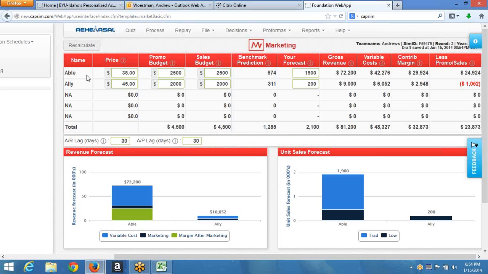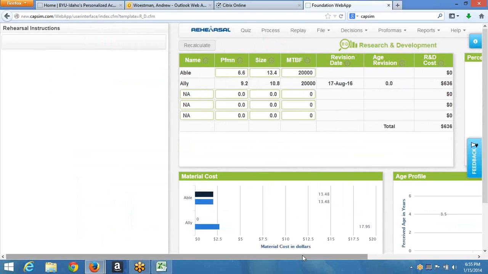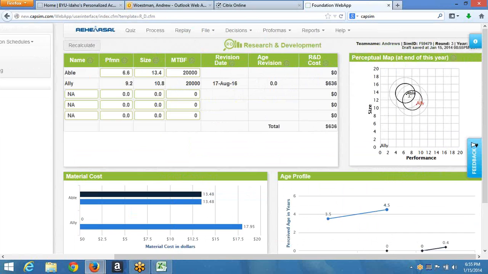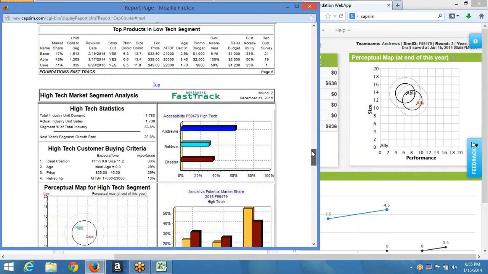So now I need to look at Able and say, hey, she's probably not going to be able to sell at $38 anymore. So I go back to my R&D. I look at my position and say she's dead center at the low-tech market almost. So I come back to my fast track. I go to my low-tech segment.